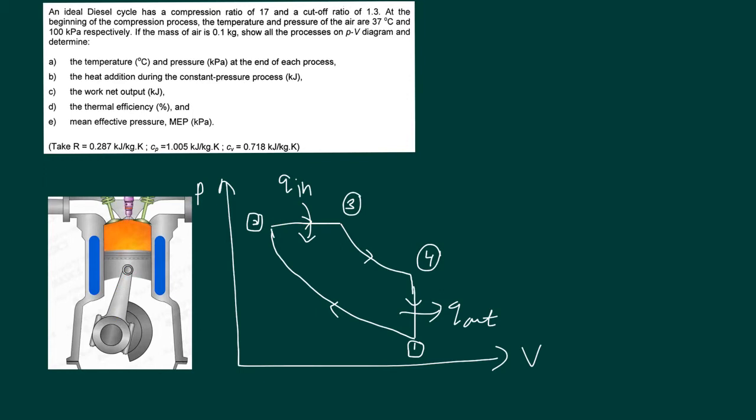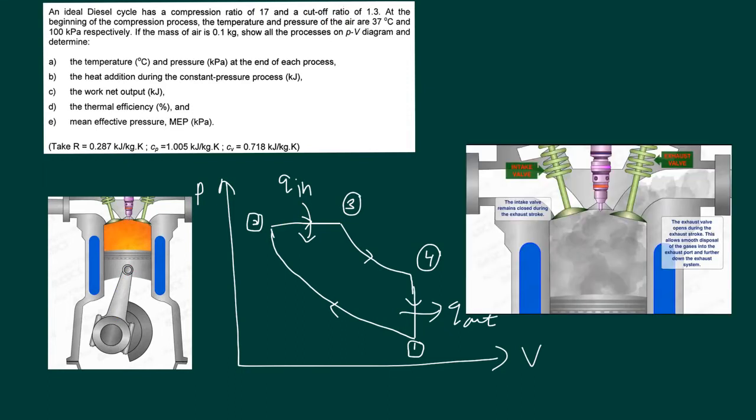So this is where the combustion process stops, and this V3 over V2 is what we name the cut-off ratio, where this is the maximum volume when the combustion process stops. And this is where the exhaust gas gets out of your piston cylinder. This process is happening at constant volume over here.